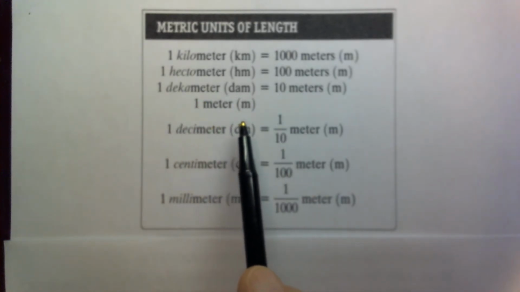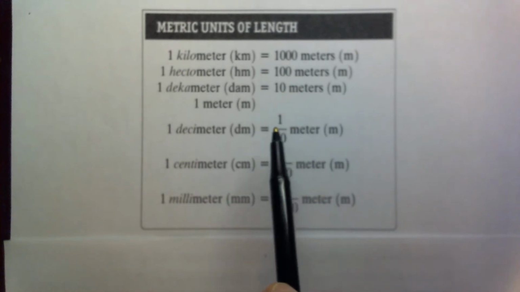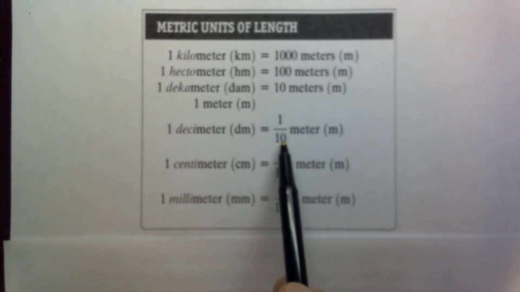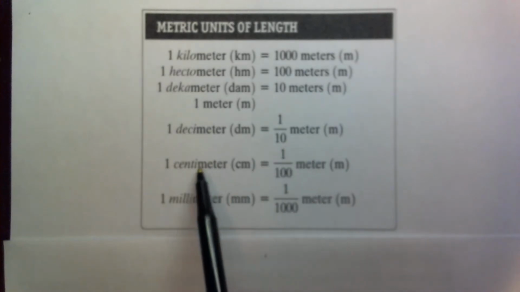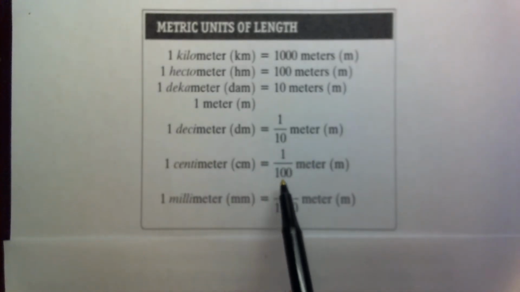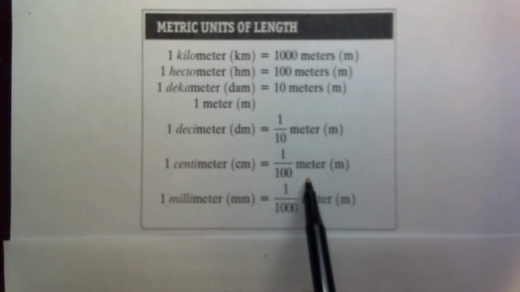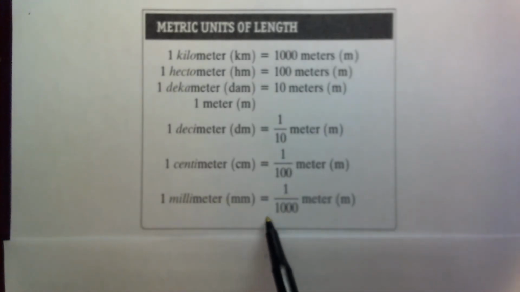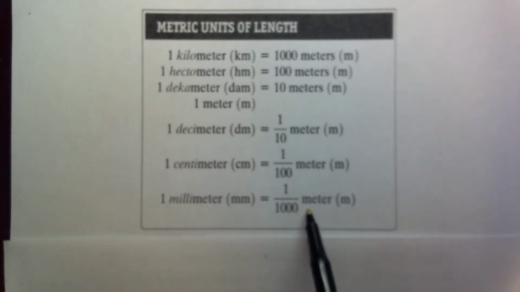Then 1 meter is simply 1 meter, obviously. And then 1 decimeter is 1/10th of a meter, 1 centimeter is 1/100th of a meter, and 1 millimeter is 1/1000th of a meter. So here you have the most common metric units of length.